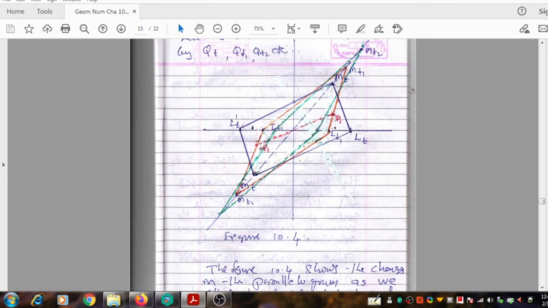Already we know that the lattice point we are especially talking about is not at the origin. We have at least two lattice points other than the origin.